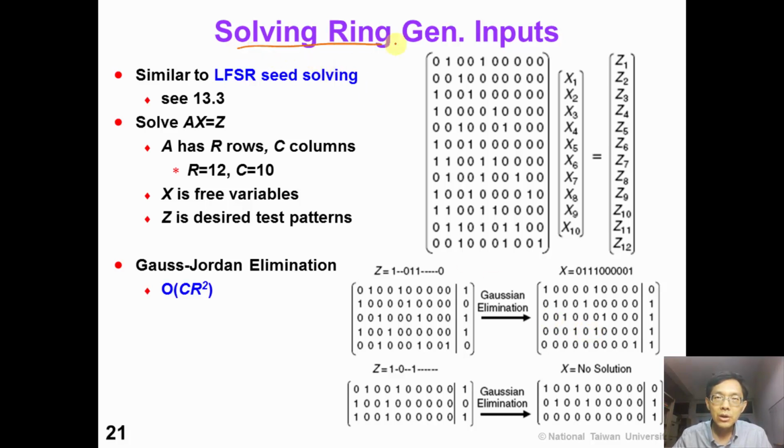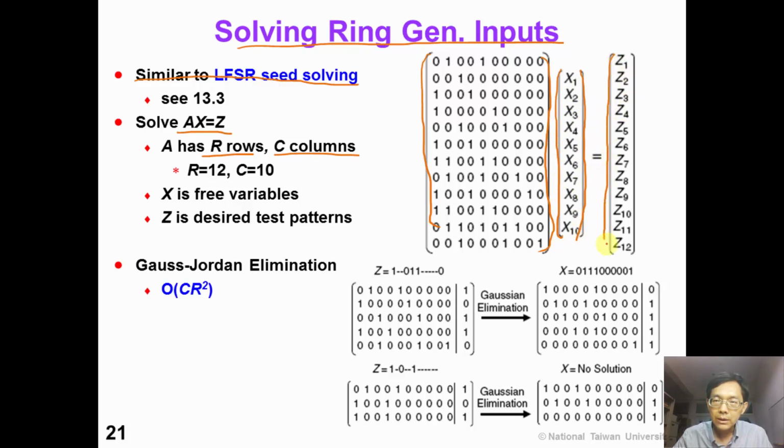Solving the ring generator input is very similar to solving the LFSR seed. We solve the linear equation system AX equal to Z, where A is a matrix with R rows and C columns, and X is a vector of free variables.